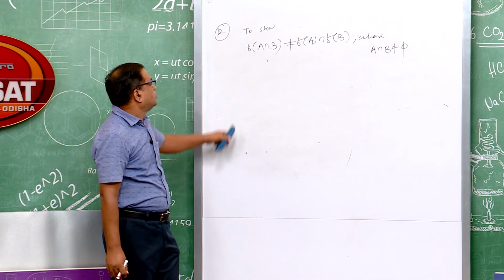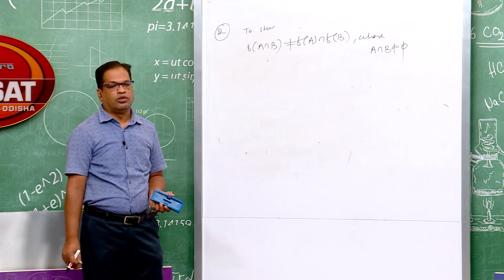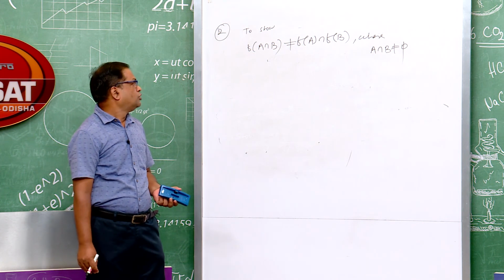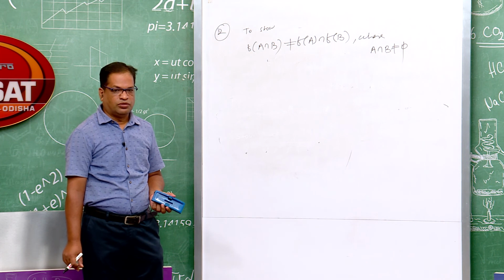When we have to show a statement is true, we have to prove it and follow a procedure. There are different methods of proof, we will not discuss them here, but when a statement is false, we can take any counterexample.